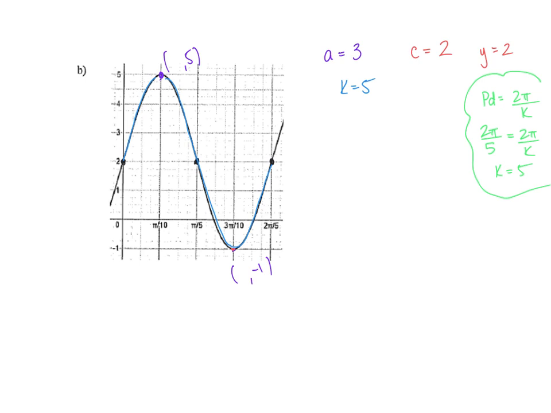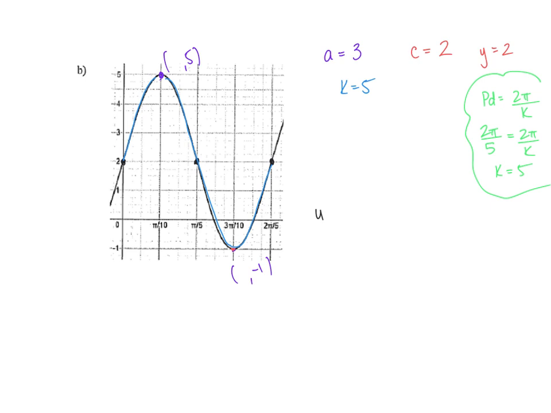So again, what we could recall from that last example is that our a value, our k value, and our c value, and really I don't care if you remember what those letters stand for, but we know our vertical stretch, our horizontal stretch, and our equation of our axes are going to be the same for both our sine and our cosine function, right?